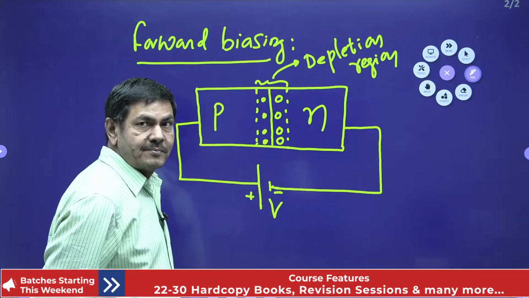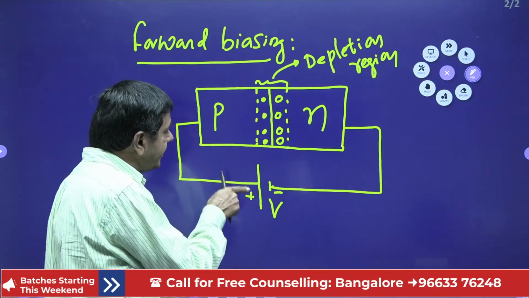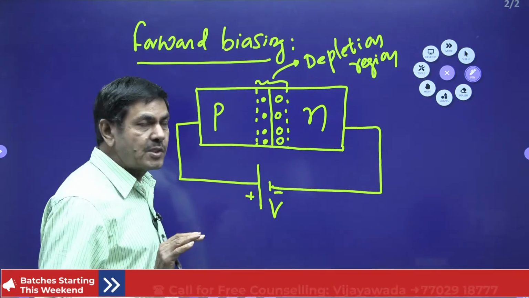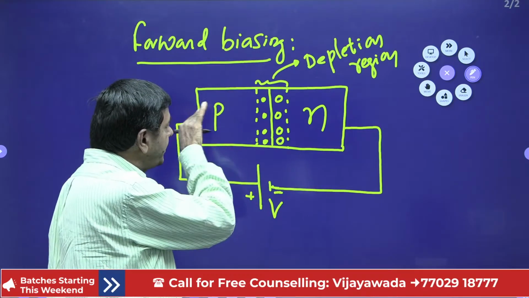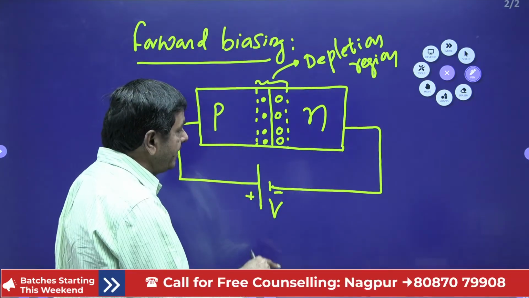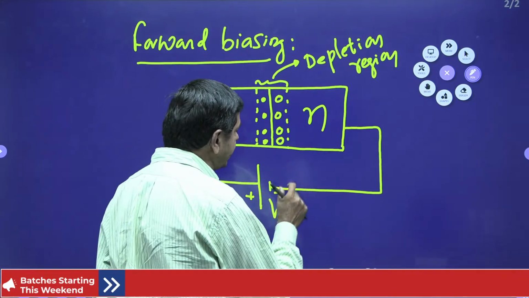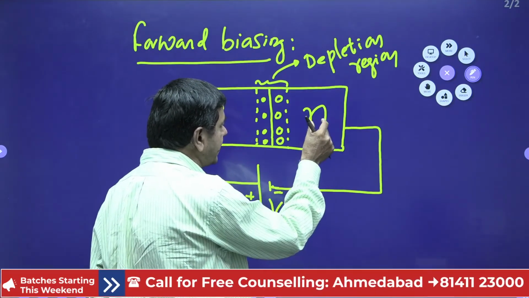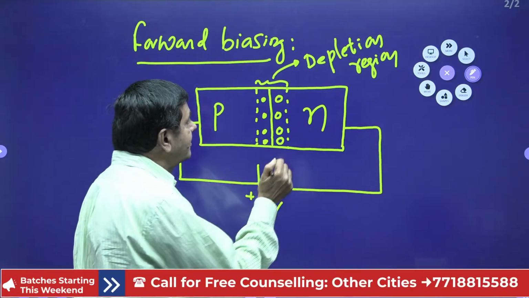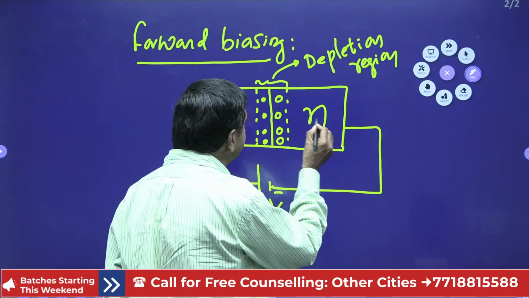Because of the same polarity, some force is created that makes the holes move from P-type to N-type material. In the same way, the repulsive force created between the negative electrode and the N-type material will move the electrons from N-type to P-type.